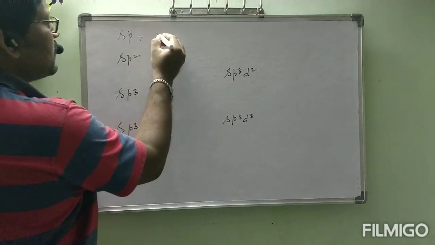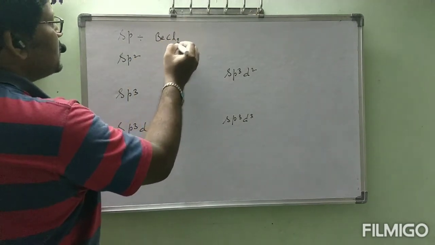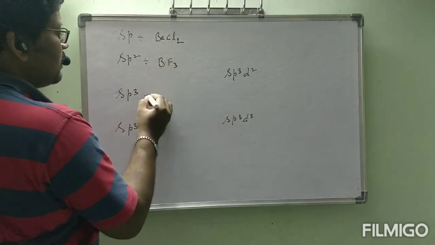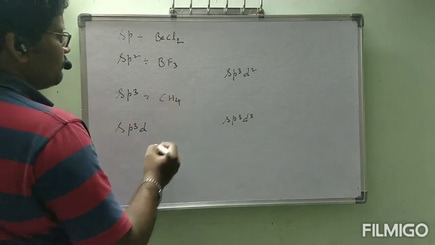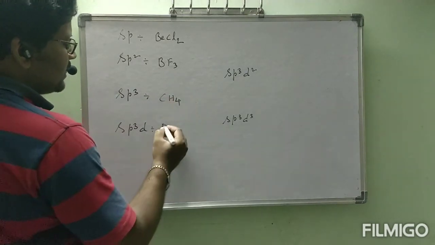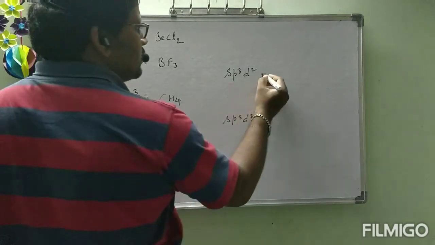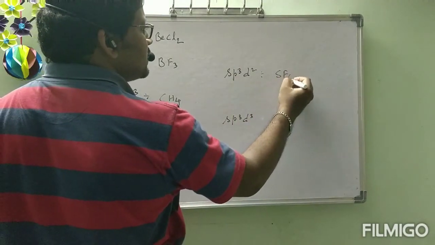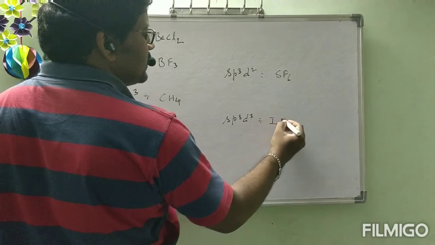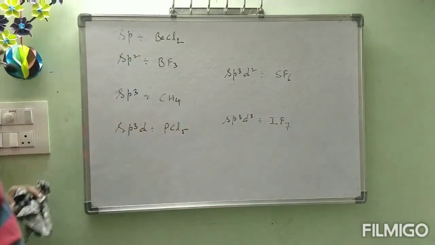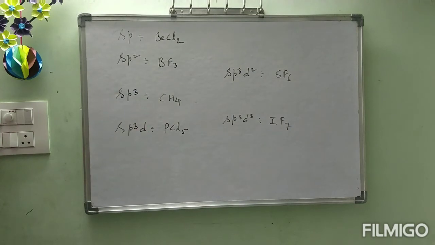Under sp hybridization, what is the example we took? BeCl2. Under sp2, BF3. Under sp3, CH4. Under sp3d, PCl5. Next, sp3d2, SF6. sp3d3, IF7. Like this, for every hybridization we took the examples and even wrote the structures and bond angles.